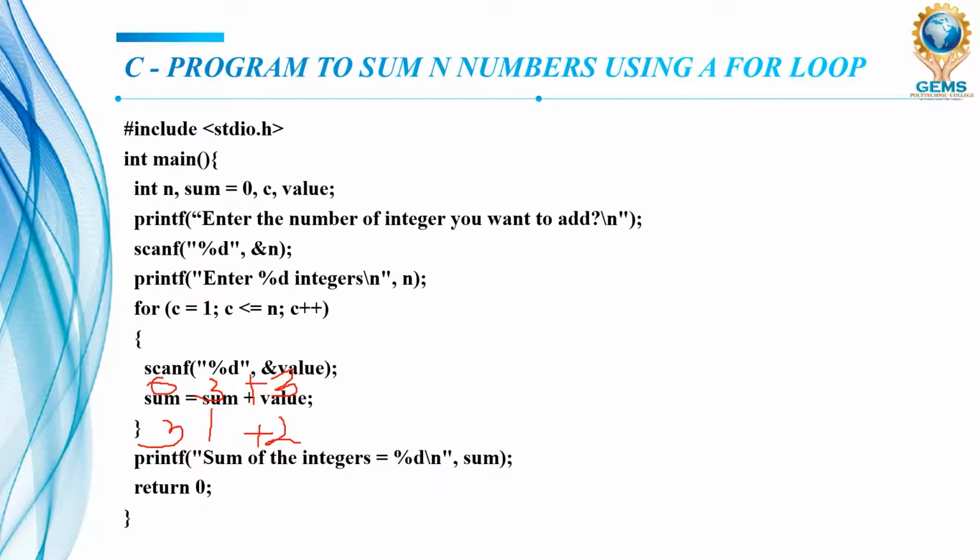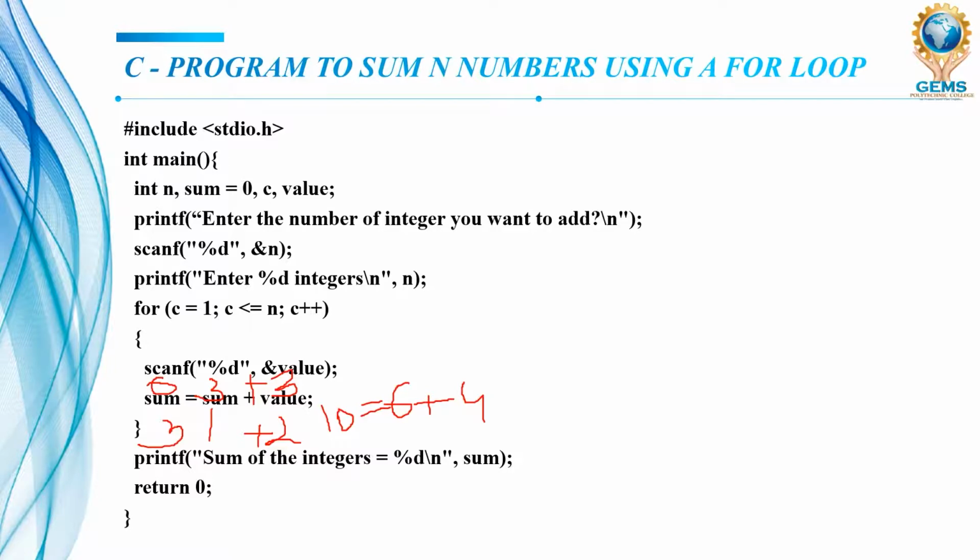The same way the fourth number is 4. So sum becomes 6, this will be added by 4, then what will the sum be here? This becomes 10. I hope it is clear for you. So like this it will work.